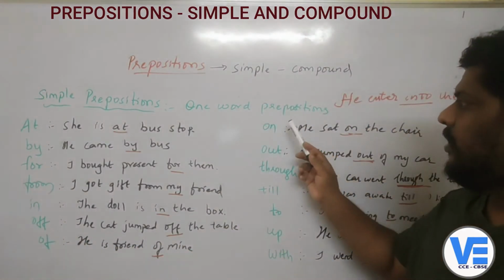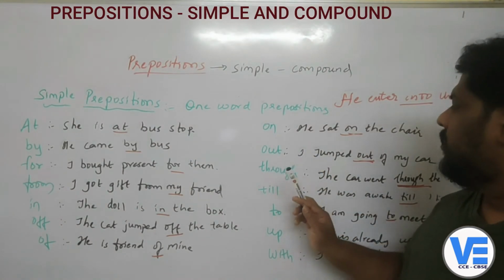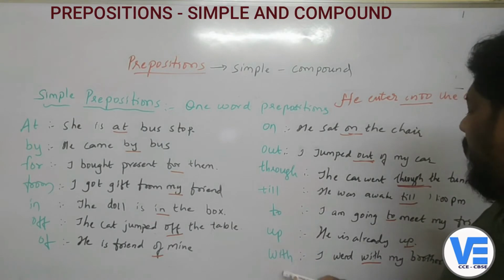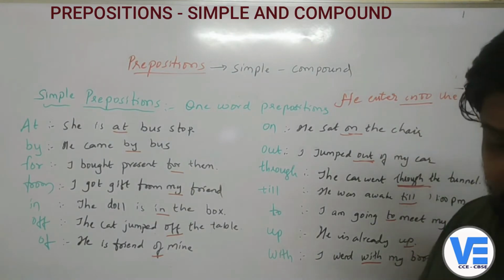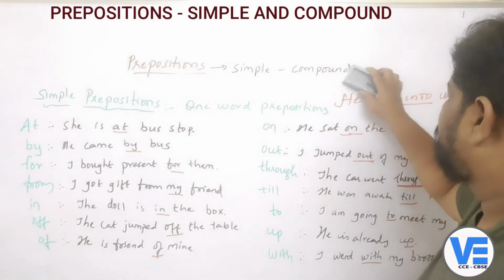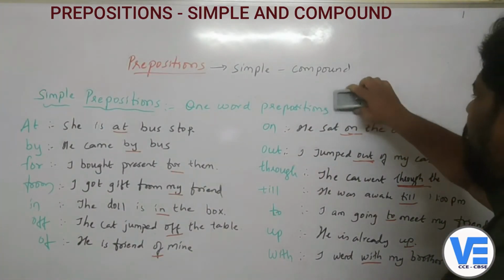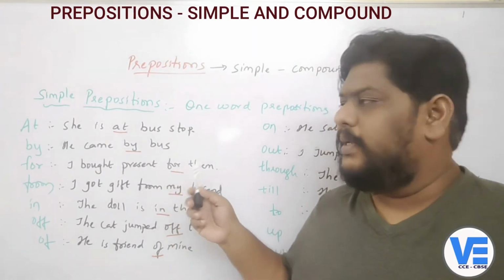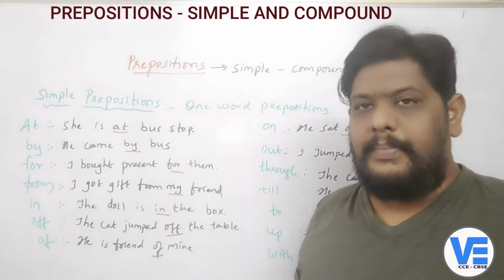And the next ones are on, out, through, till, to, up, with. So these are all the simple prepositions.